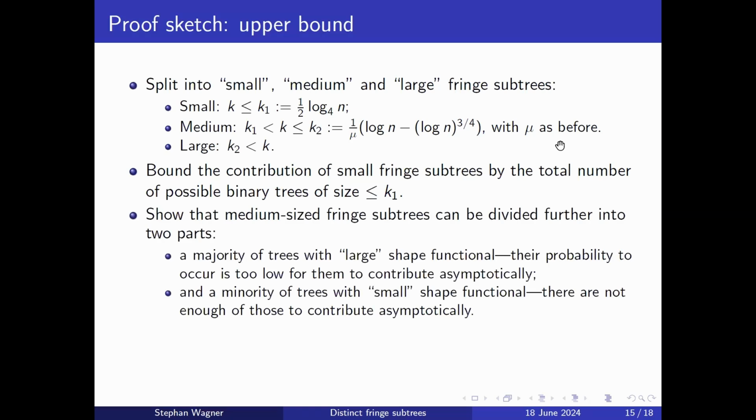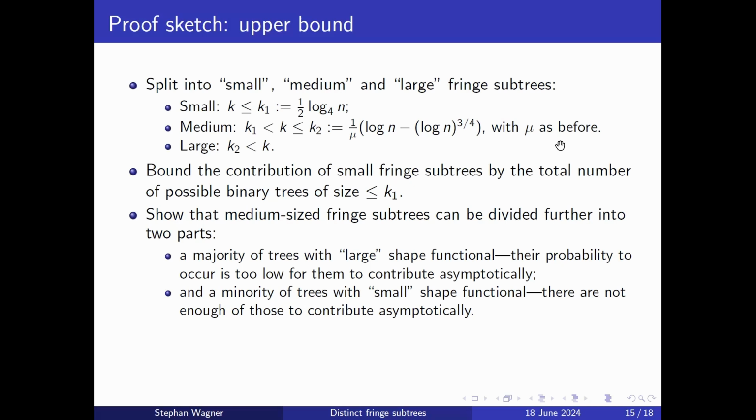The medium-sized fringe subtrees is where the more detailed analysis lies. So there it turns out that you can divide them further into two types, where there are those that have large shape functional. You remember that shape functional was negative logarithm probability. So large shape functional means low probability. These trees have low probability to occur as fringe subtrees, and somehow for that reason are irrelevant.